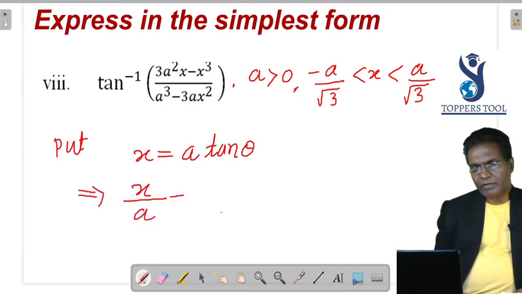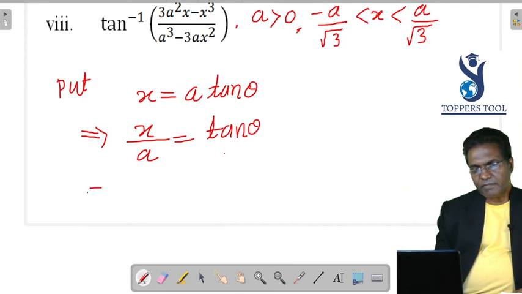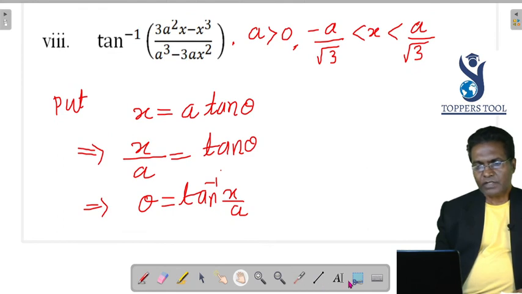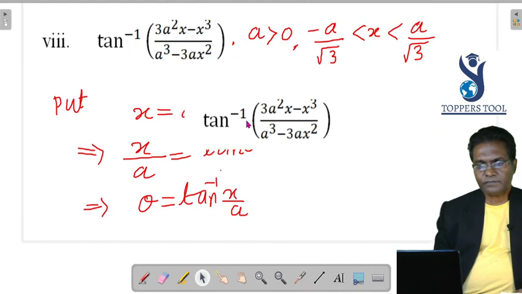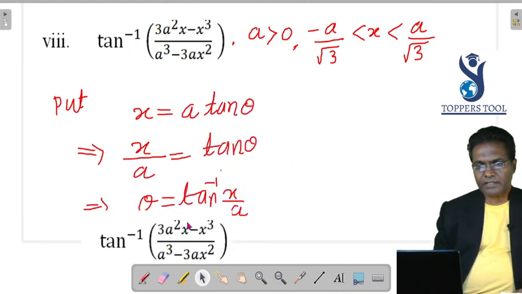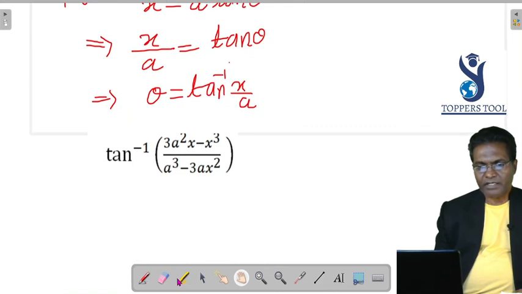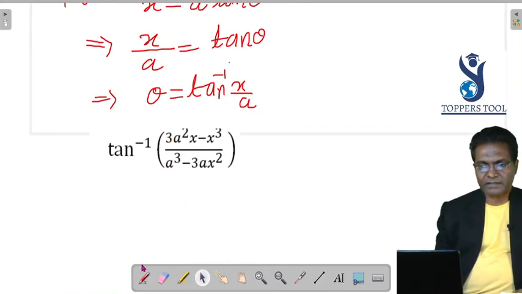X by a is equal to tan theta. This implies theta is equal to tan inverse of x by a. Okay, so given is this. Let me write it. Okay, now let us check what it reduces to.